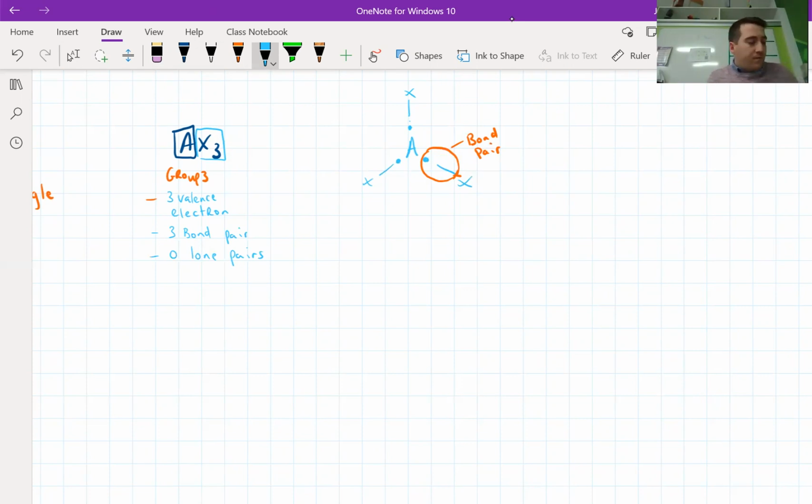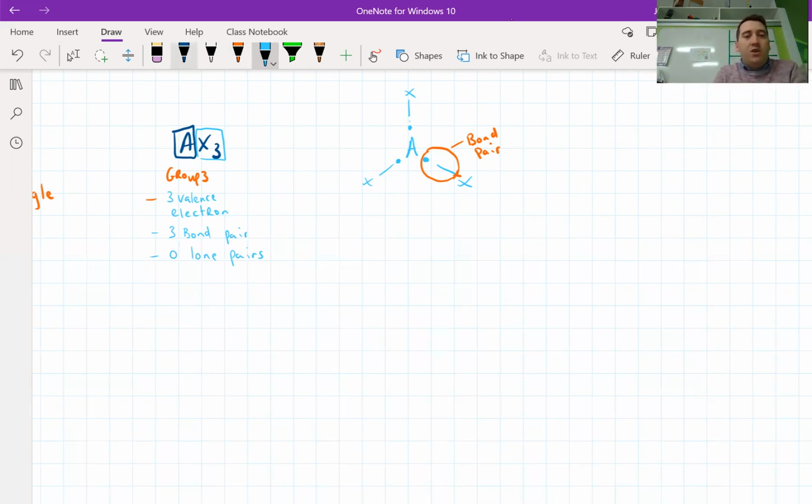In this case, this molecule looks like this. So here is the A, and here are the 3 X's. And if I hold it here, you should be able to see that it lies flat on my hand. I hope you can see that. It lies flat. It's in one plane. If we put a piece of paper on top, it would lie perfectly flat on it. They're all flat.